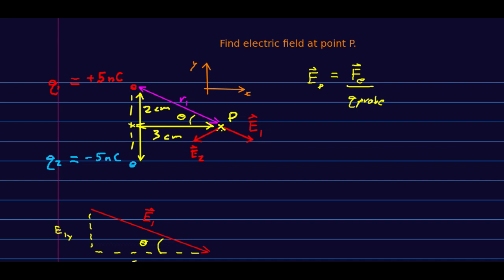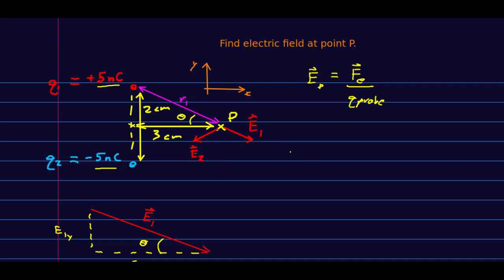We already saw that we're the same distance from these two charges, and they are the same size. And so these two fields, E1 and E2, are the same magnitude, and they're at the same angle except flipped side to side this way. And so the x components of these two will cancel out, and we're going to be left with just the y components adding together.